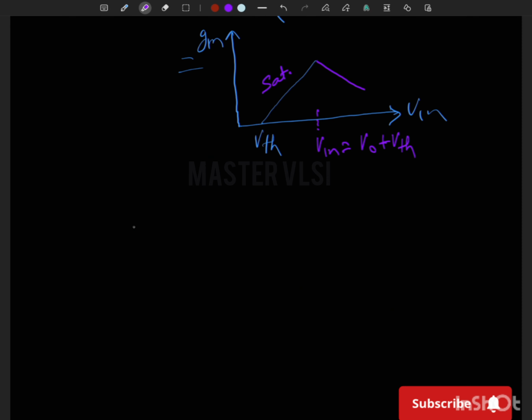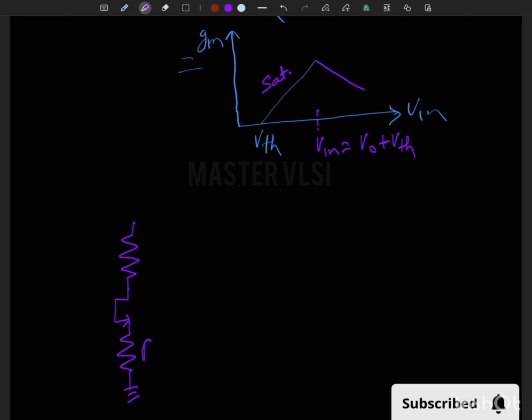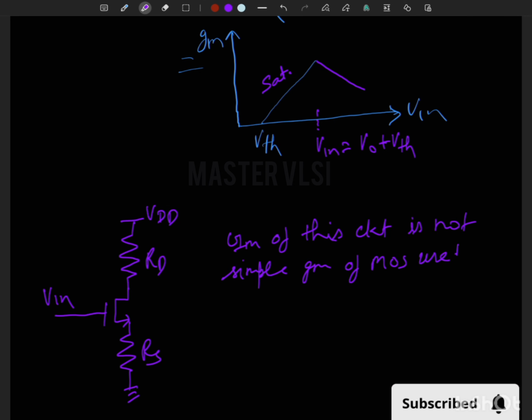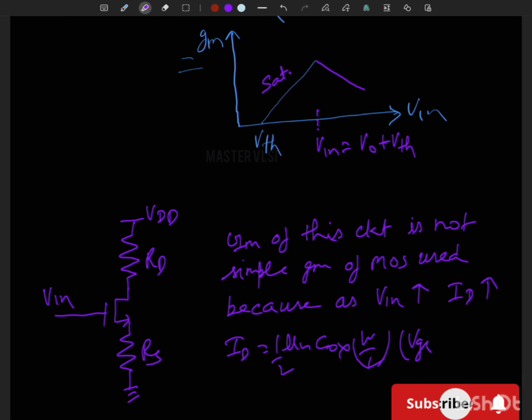Second circuit, which is a common source amplifier with degenerative resistor Rs, and this is Rd, and here our Vin is changing. So in this case, GM of this circuit is not simply the GM of the MOS, because as Vin increases, ID will increase from the ID equals mu n Cox W by L into VGS minus VTH equation.